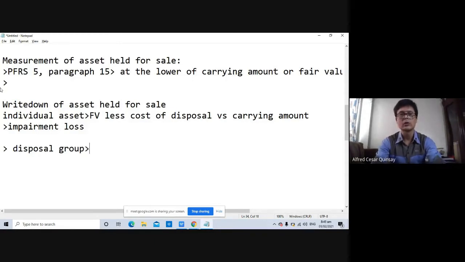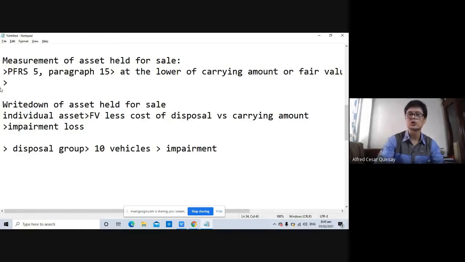So let's say a fleet of 10 vehicles na nagkaroon ng impairment loss na 200,000. I-apportion yung 200,000 doon sa 10 vehicles based on their carrying amount, para ma-measure yung mag-appear sa balance sheet.